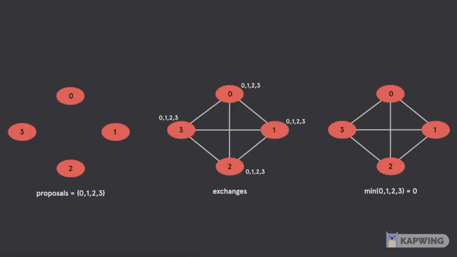To get a better understanding of how this consensus algorithm executes, let's observe a particular execution using the 4 correct processes we mentioned earlier. Initially, each process only knows about its own proposal. After everyone sends its value to everyone else, every node learns about all proposals, 0, 1, 2, 3. Finally, as indicated on the right-hand side, all the processes decide that the minimum value proposed is 0.